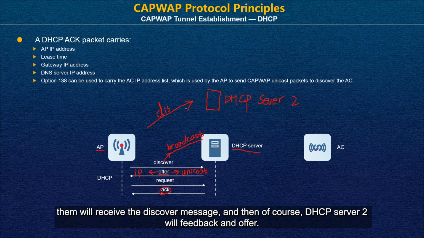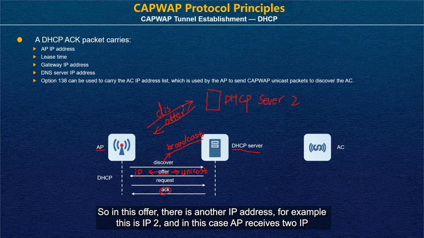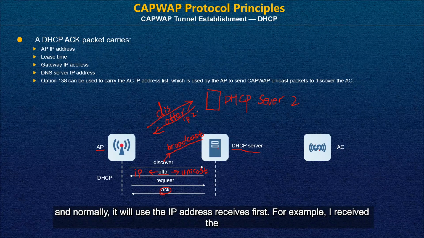Then, of course, DHCP server 2 will feed back an offer. In this offer is another IP address, for example IP2. In this case, the AP receives 2 IP addresses, but the AP only needs 1 IP. So it will confirm which one it will use. Normally, the AP will use the IP address that it receives first.